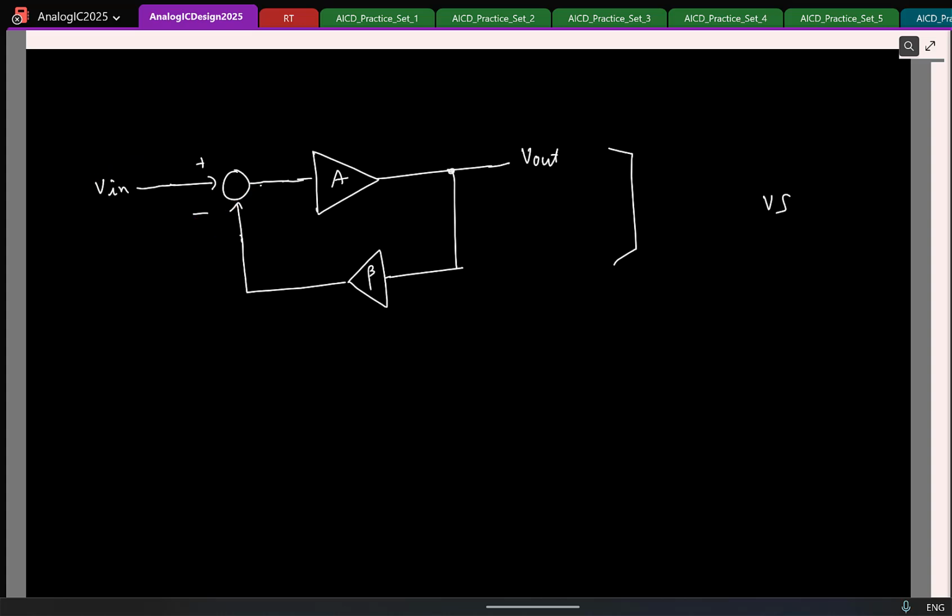So this is mimicking a voltage controlled voltage source. So this is referred to as voltage feedback. Where the first voltage here refers to the output quantity, second here refers to the quantity that you are sensing and comparing.